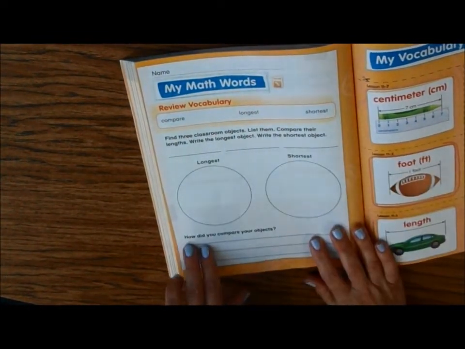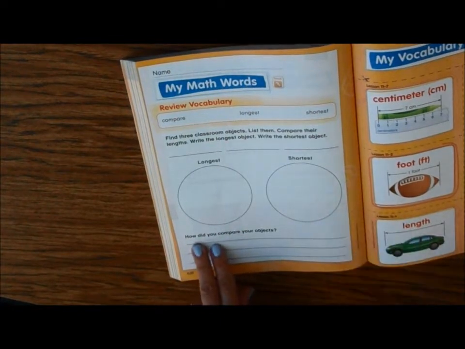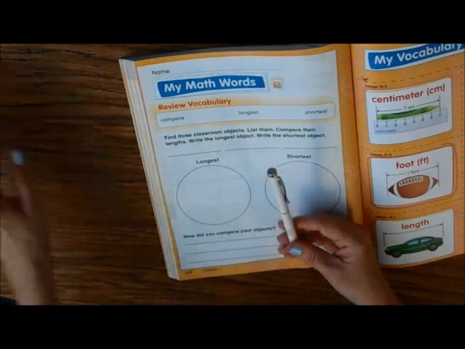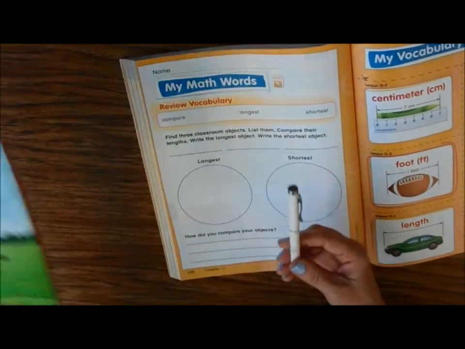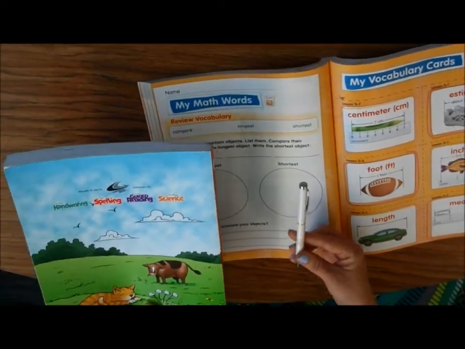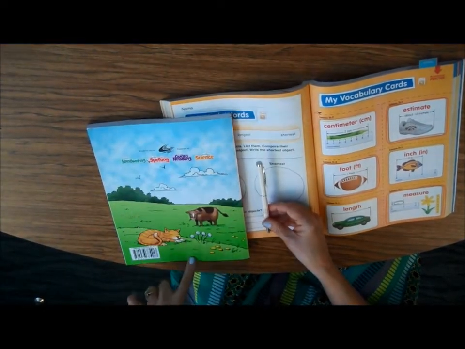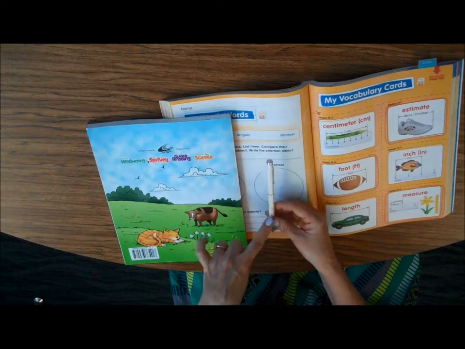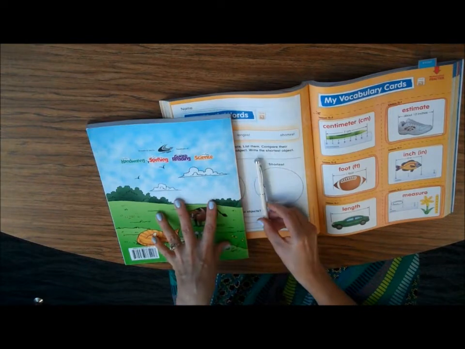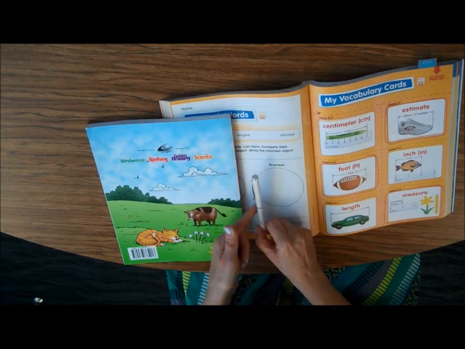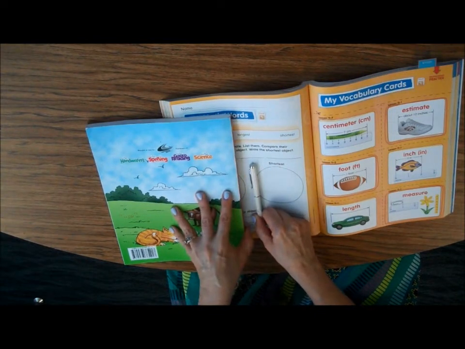Okay, then you're going to say how you compared the items, because if we were using this pen and comparing it to a book, when I'm talking about longest and shortest, I would probably choose to measure going across the book and how tall the pen is the long way. But if I decided to measure how high the book goes and how high the pen goes, I could do it that way too.